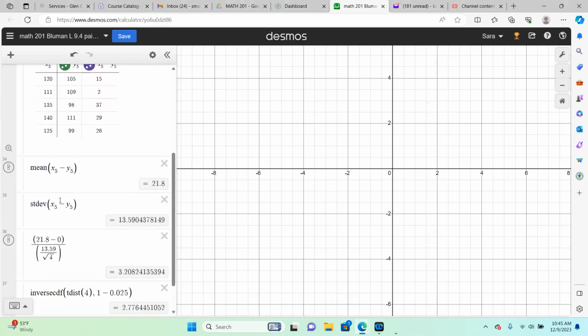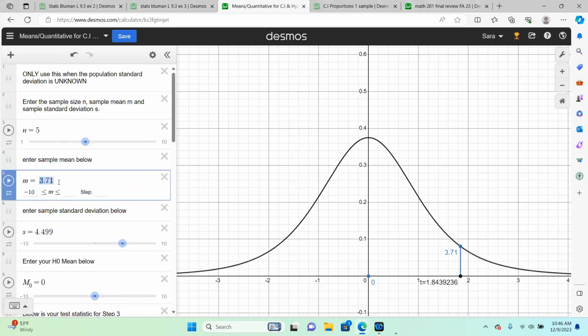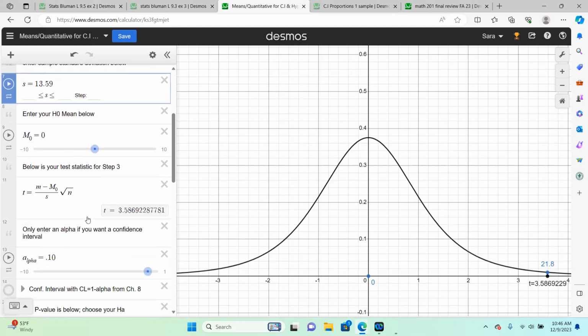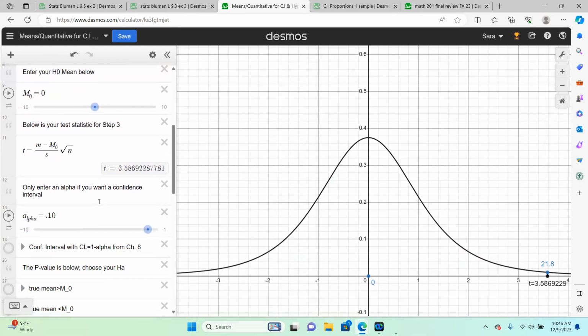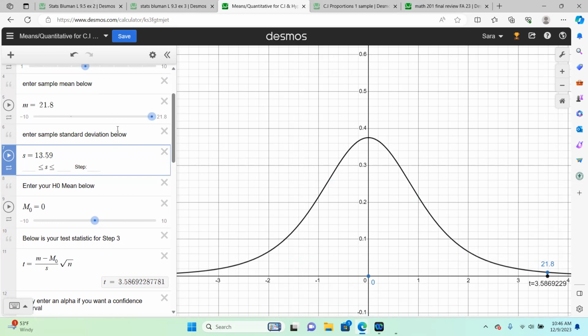I needed to write down my test statistic.